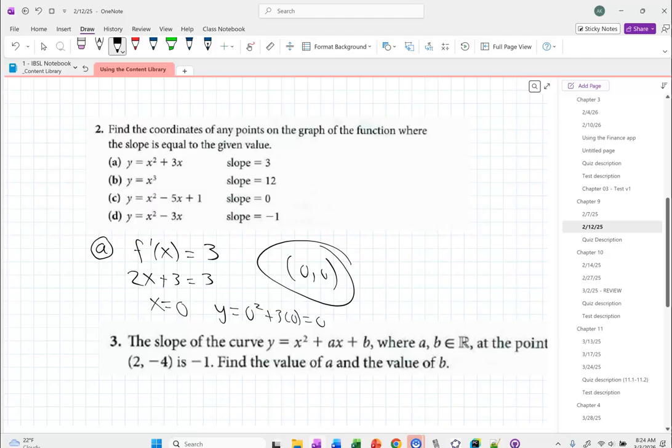So that's going to be the origin, 0, 0. What do you guys think? Is this okay? Yeah. No big deal? Okay. Can I move on? Yeah.